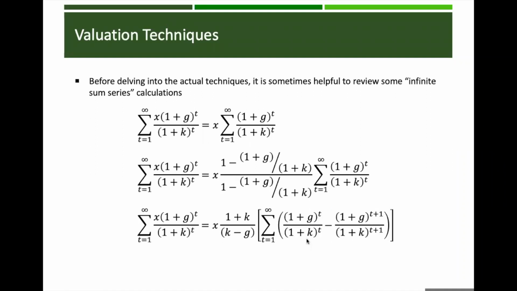All right, so now all I've done here, I distribute the 1 plus G over 1 plus K to the power T inside the parentheses. So now I have distributed that times 1, so up here, that 1 minus 1 plus G over 1 plus K. So 1 plus G to the power T over 1 plus K to the power T minus 1 plus G times 1 plus G to the power T. That's simply 1 plus G to the power T plus 1.